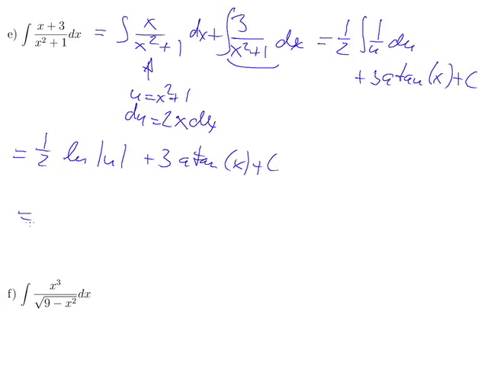Finally, substituting back, if you wonder why the absolute value has gone here, well, x squared plus 1 is always positive, so we never will get a negative value here. And that's the antiderivative.